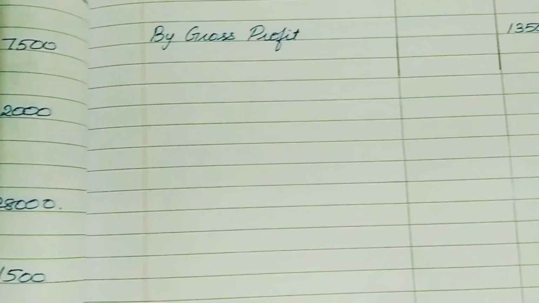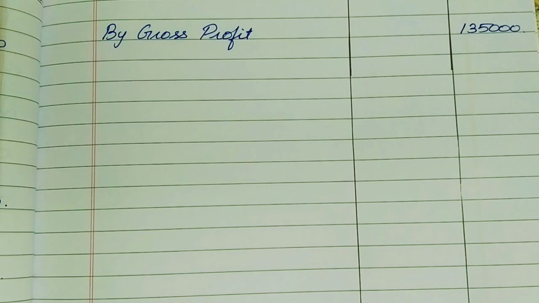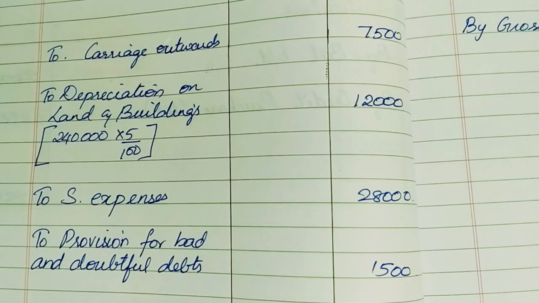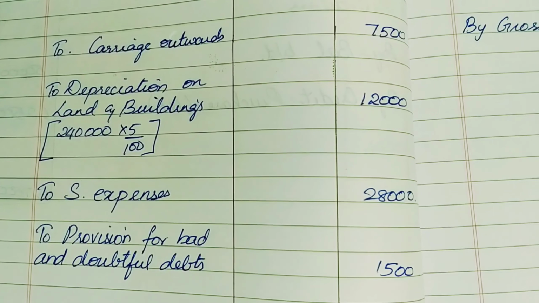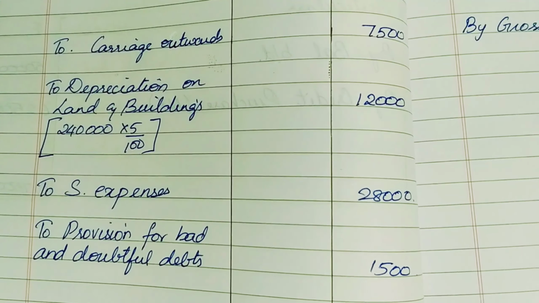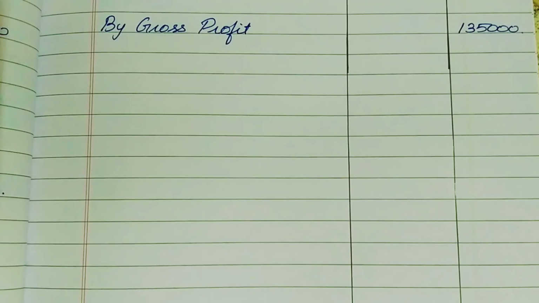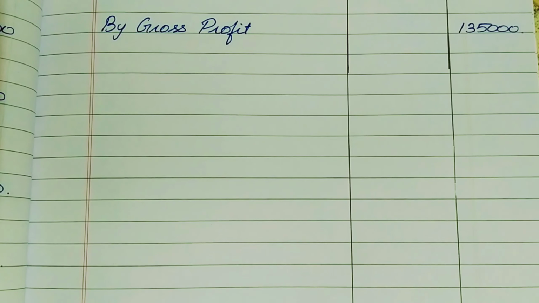So on the credit side, we have only gross profit, which is 1,35,000, and on the debit side we have 4 items relating to the expenses, and the sum of the 4 items is 49,000. So obviously the gross profit side total is the largest total, which is going to be written as the grand total.